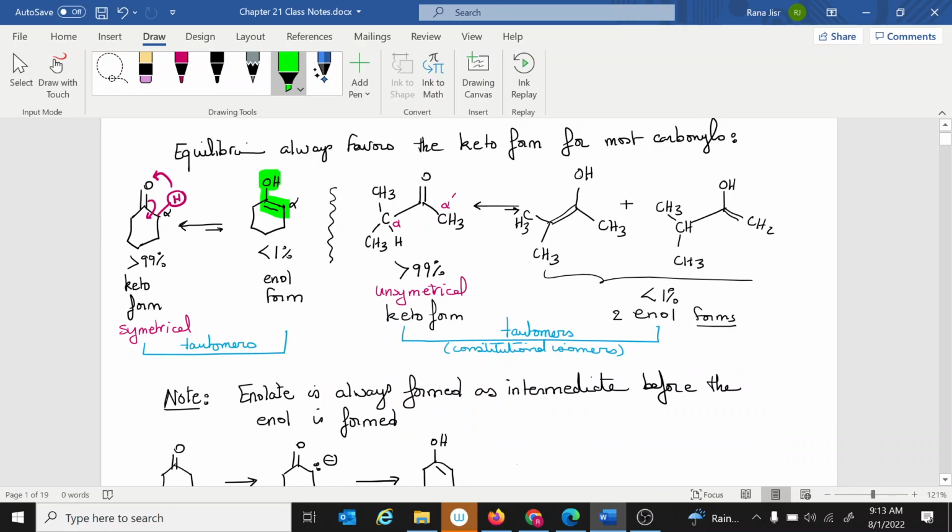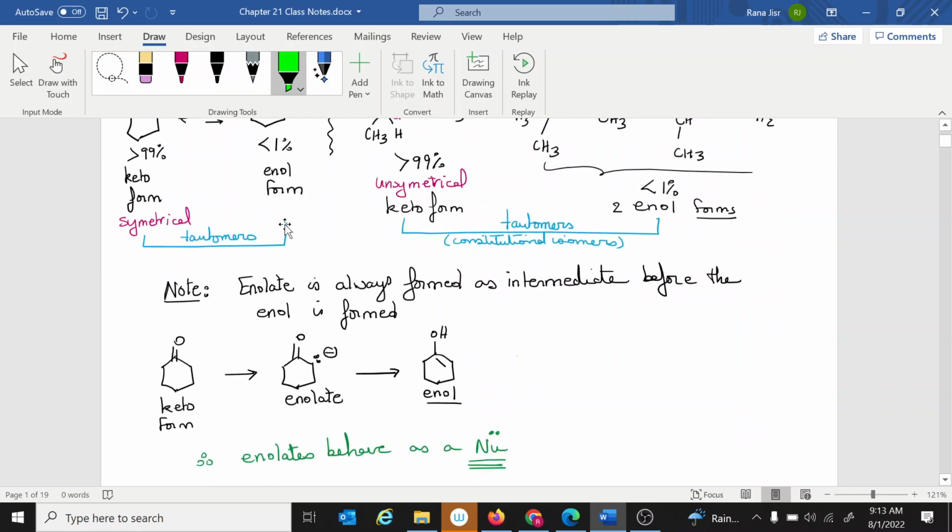We said that the enol form and the keto form are tautomers, which are constitutional isomers of each other. Now, before you get to the enol form, you need to pass by an intermediate, which is the enolate. Why is that? Because you always look at the alpha hydrogen, and this is the process. You have a base, and the base comes and takes that alpha hydrogen and creates the enolate.